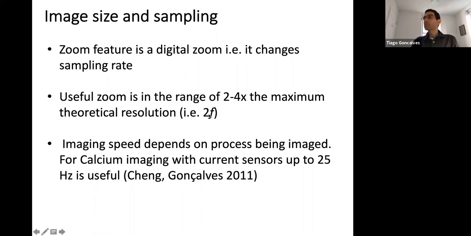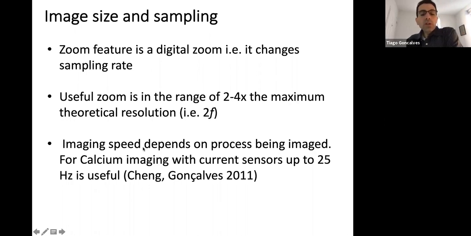That is 2 times the frequency, the equivalent of the sampling theorem that you guys have covered. Now, with commercial confocal systems, for example, you can still get useful data even if you sample up to 8 times the maximum theoretical resolution. But with in vivo imaging, there's no point.